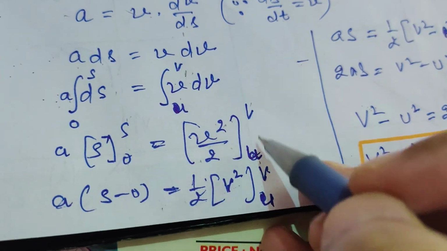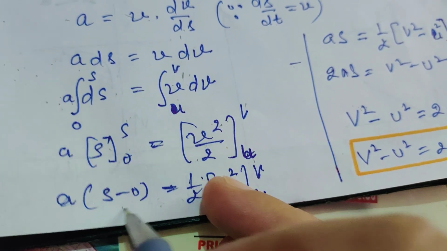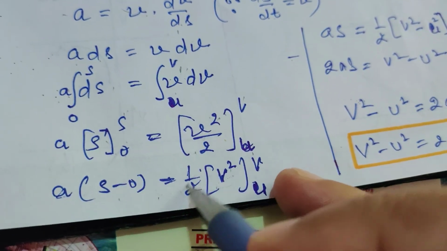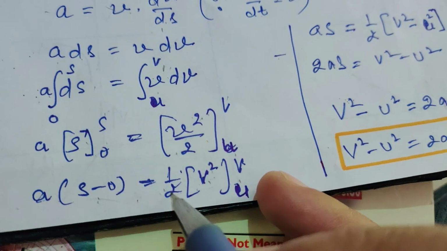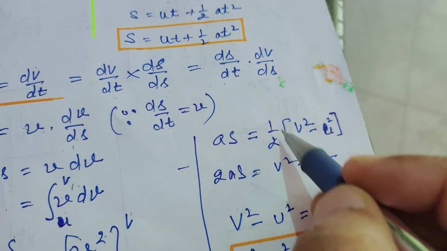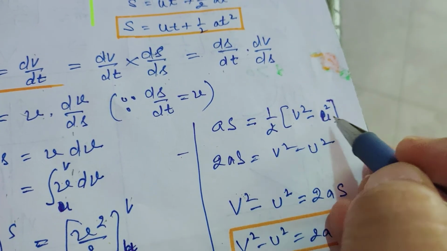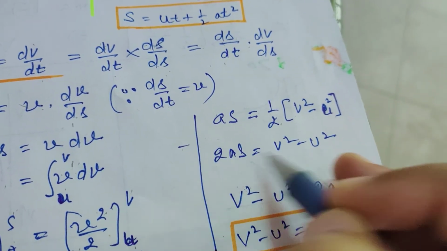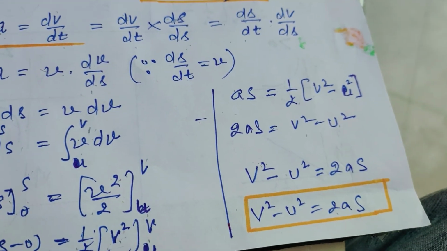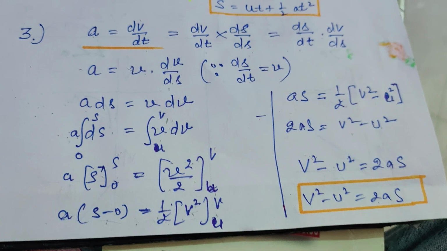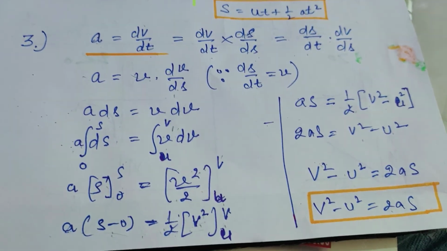The limit is the same, that is u to v. S minus 0, half is taken outside, and v square is there. It becomes half, upper limit v square minus lower limit u square, and 2 is taken to the other side. So the relation will become v square minus u square is equal to 2as, and that is your third equation of motion. So thank you for today.